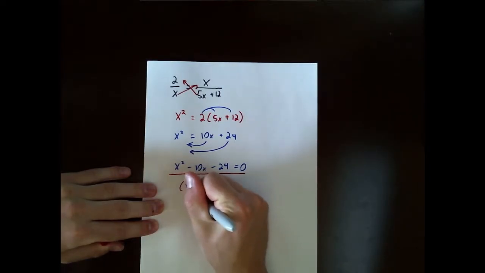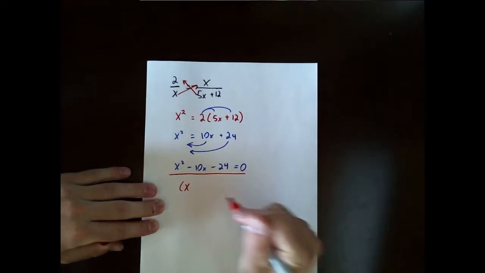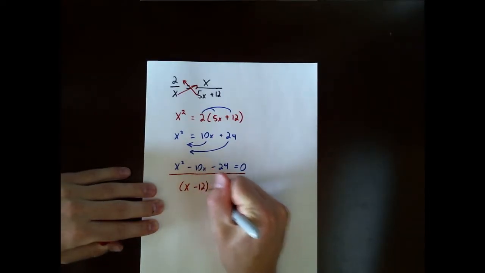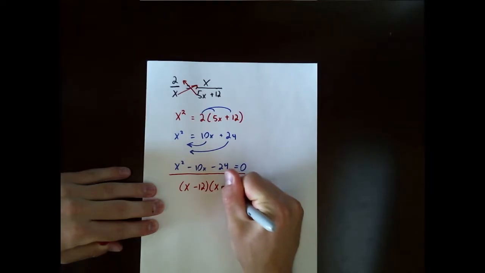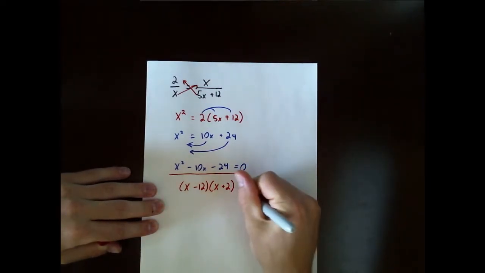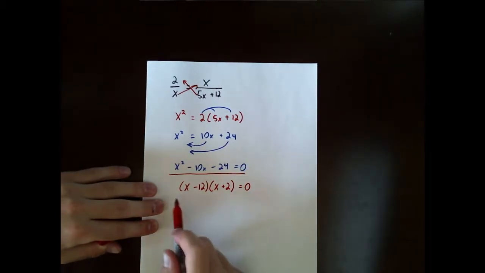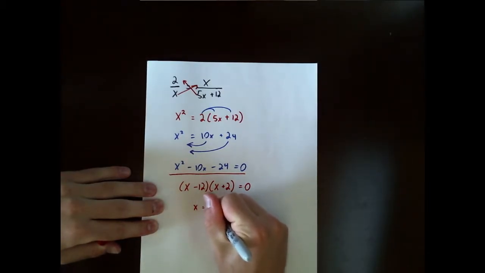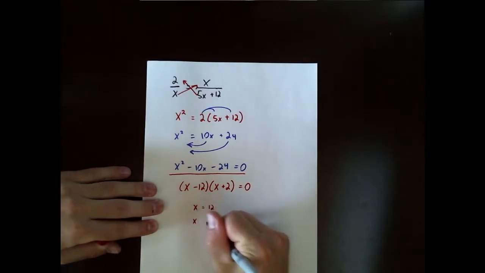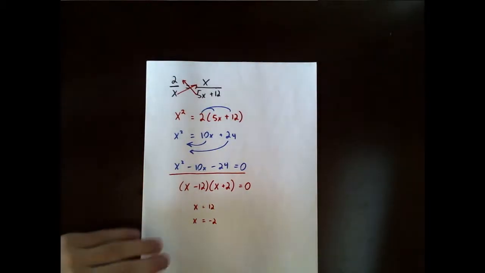So it's going to be x minus 12 and x plus 2, and that's going to do it for us. So there's our factored form here. So using this, we know that our two solutions are going to be x equals positive 12 and x equals negative 2. So those are our two solutions.